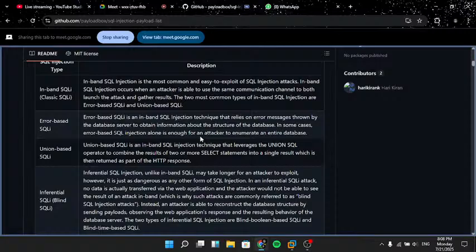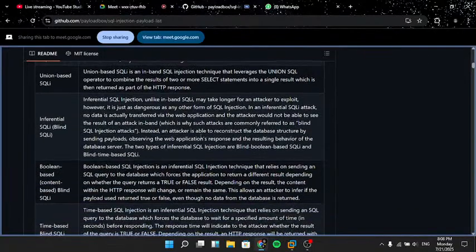You also have union-based SQL. It leverages the union SQL operator to combine the results of two or more select statements into a single result, which will then be returned as part of the HTTP response.